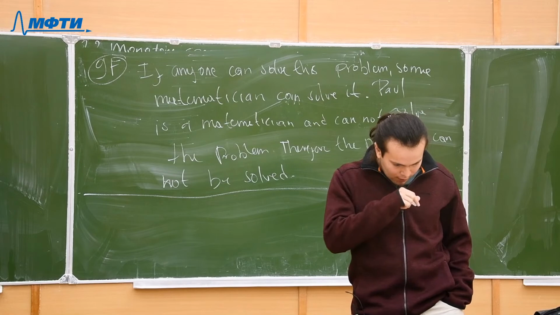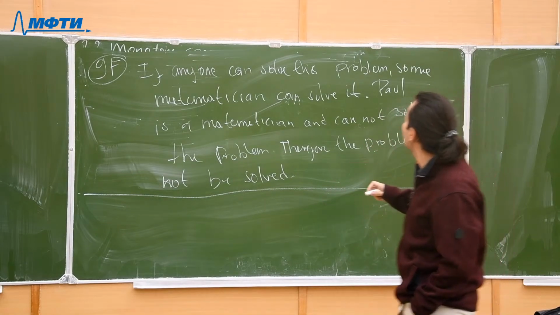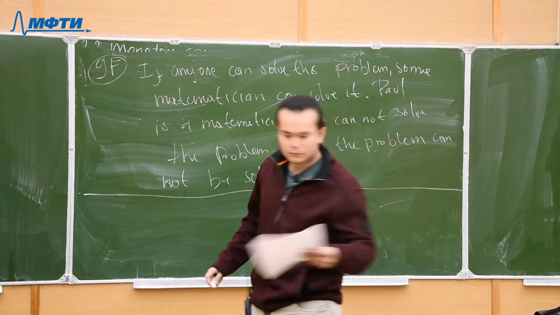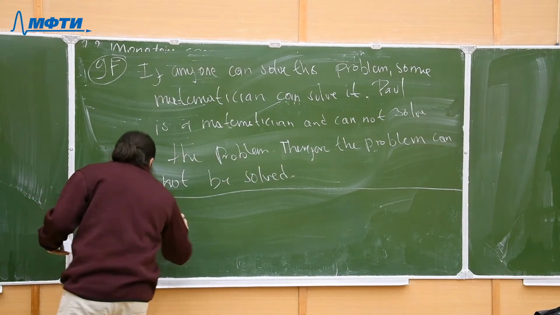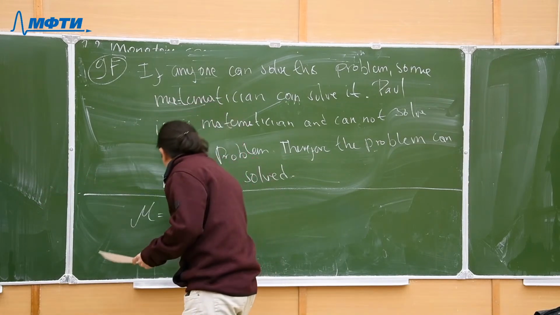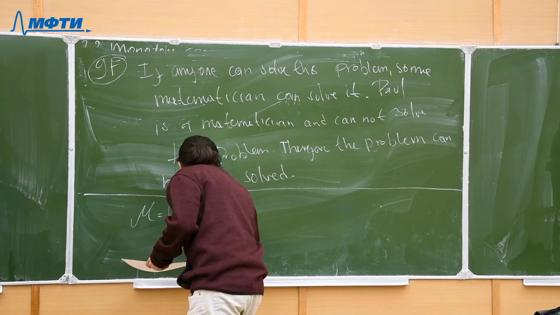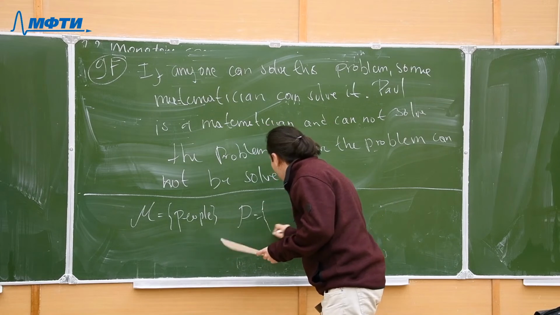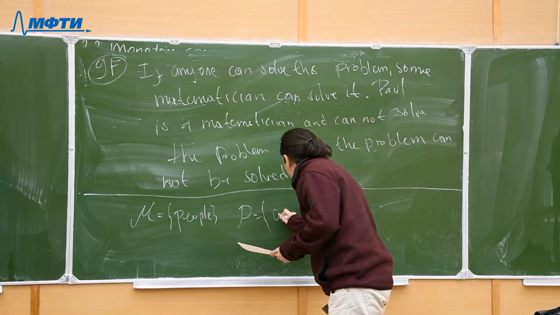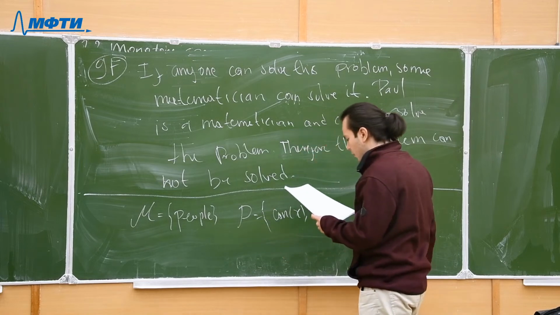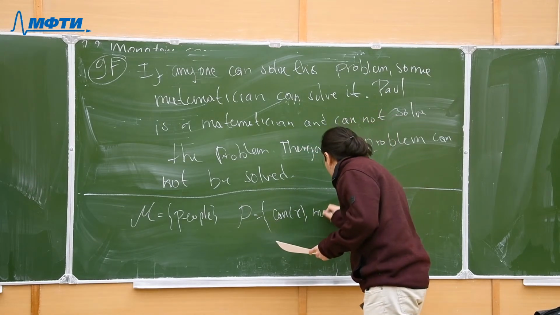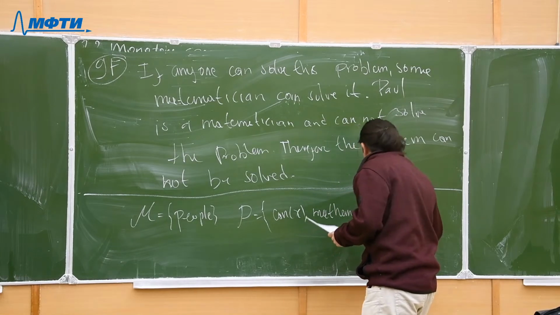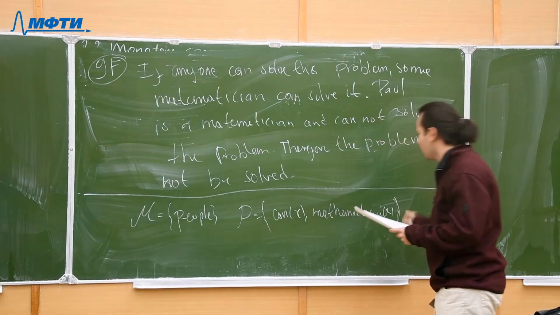So, if anyone can solve this problem, first of all, we're talking about people, and the predicate we can call it this way, can, and mathematician. Yeah, let's do it that way.